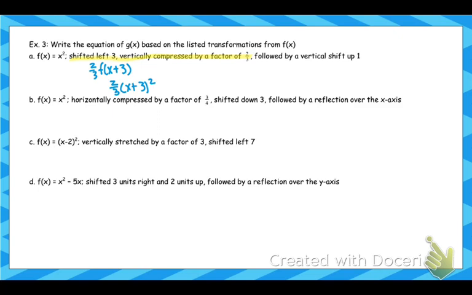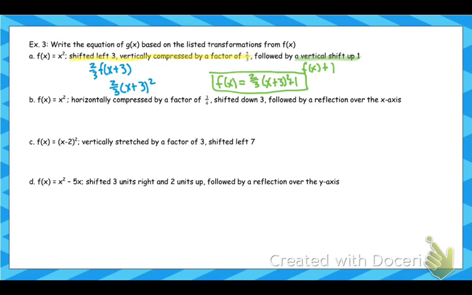Now that we've done that, we are going to shift this up 1. Well, a shift up 1 is taking the f of x function and adding 1. So we're just going to take the f of x function that we already have and add 1. So pretty simple. But we've got to be careful sometimes because the order sometimes is going to mess this up.